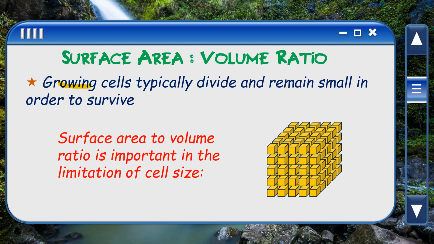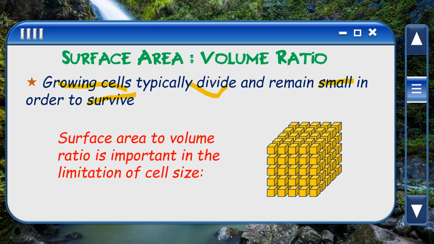When cells are growing, they go on dividing, and this division helps them to remain small so that the cells can survive. So the surface area to volume ratio is important in the limitation of the cell size.